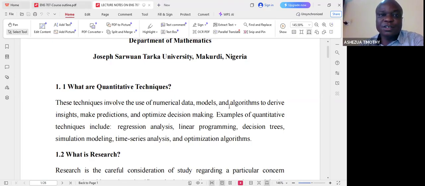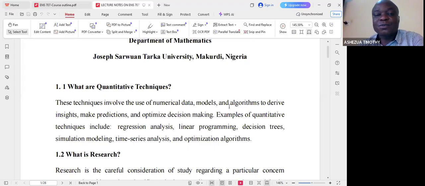So just like I was saying before the network went bad, these techniques involve the use of numerical data, models, and algorithms to derive insights, make predictions, and optimize decision making.